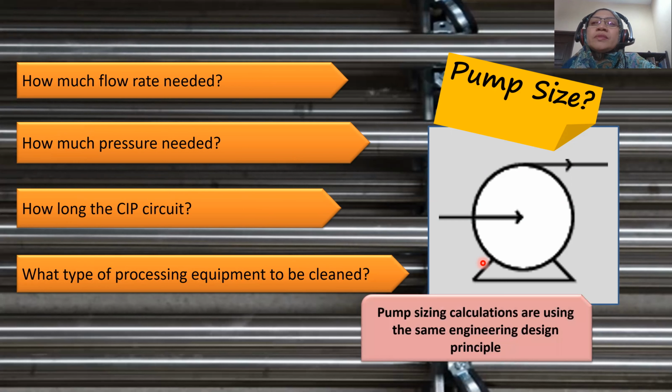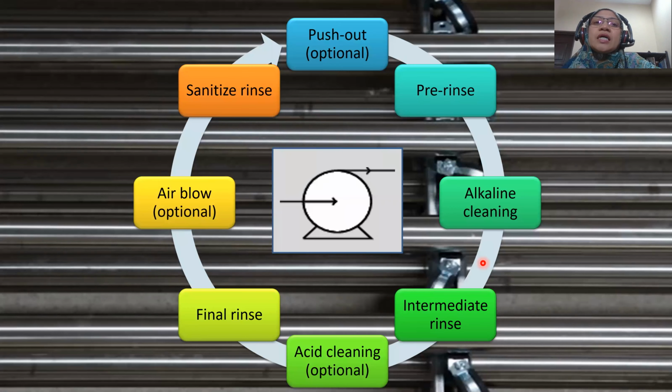Pump sizing calculations use the same engineering design principles. Pumps in a CIP system maintain the products, cleaning chemicals and water flow through the CIP circuits during each phase of cleaning. That's it for now for pumps.